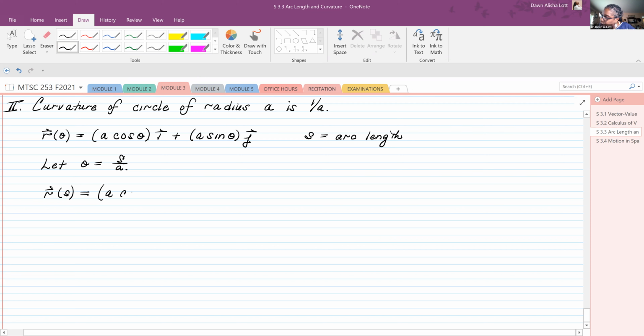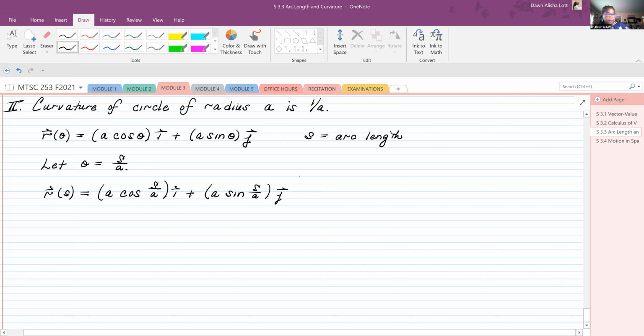All right, so then r of s now becomes a cosine of s over a, i, plus a sine of s over a, j.